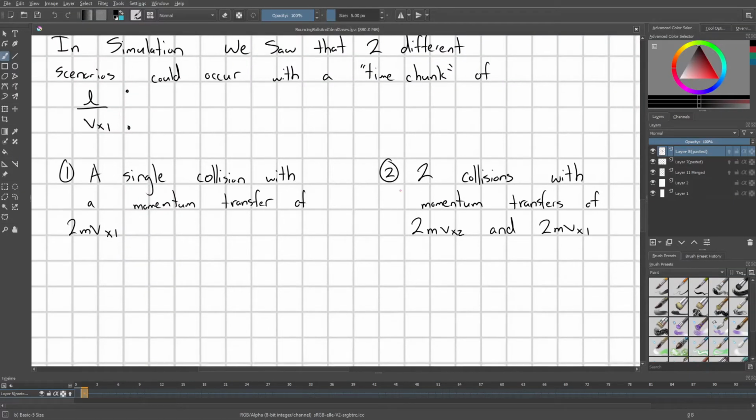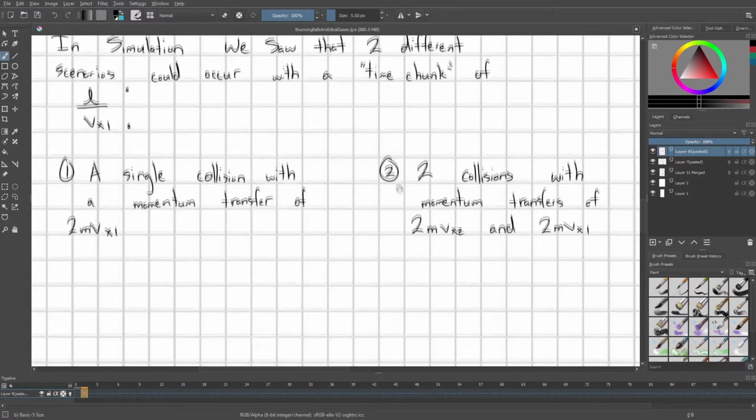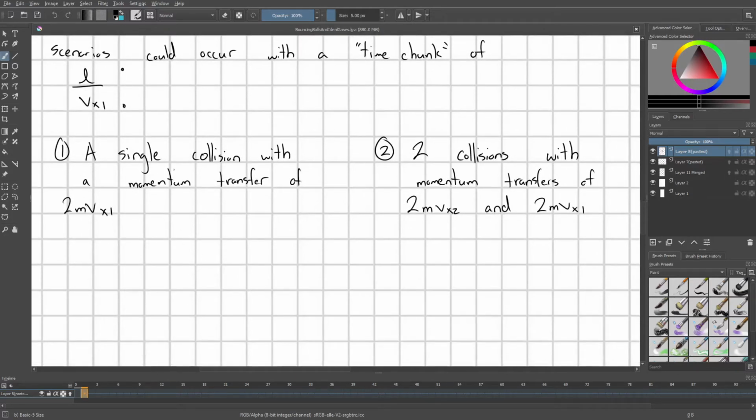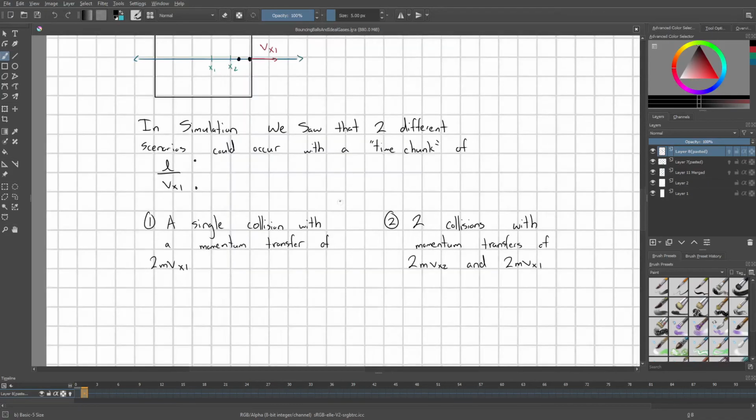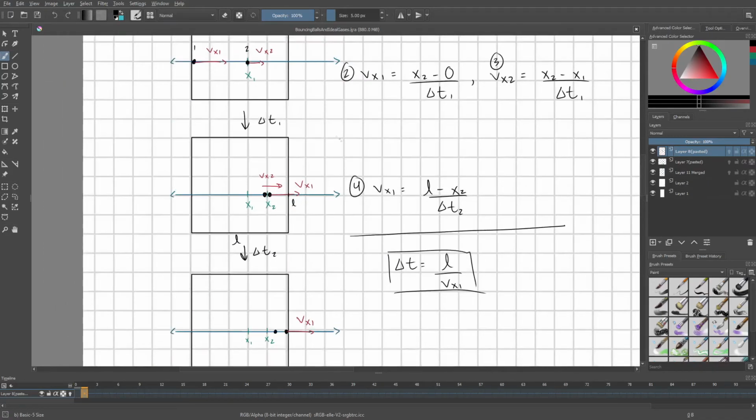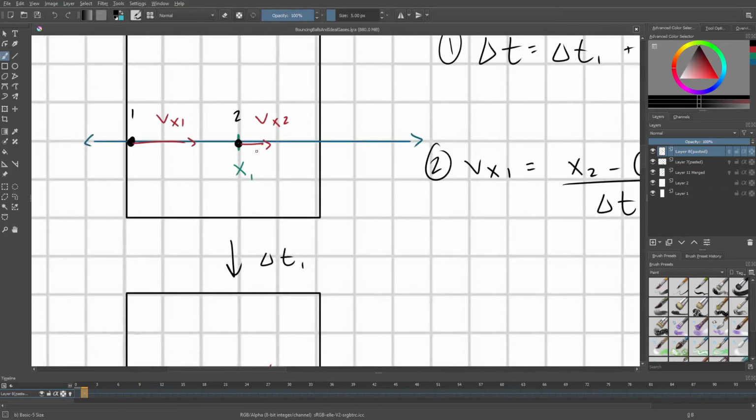Okay. Now we got to figure out when does situation 1 happen and when does situation 2 happen, right? Your intuition should probably tell you that the location of this second particle is what's going to determine that. If I dragged the particle far enough back, then you could get the situation where you have one transfer of momentum.